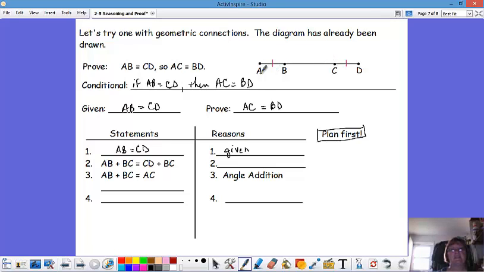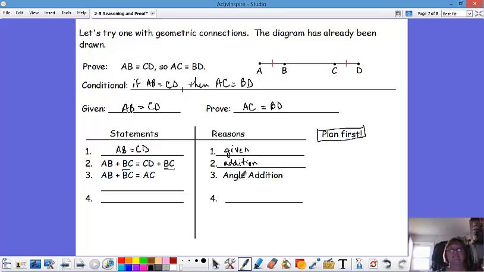AB plus BC equals CD plus BC. Yep. And folks, look at what's been done. Didn't they add the same thing to both sides? They add the length of BC. That is the addition property of algebra. You're adding the same value to both sides of an equation.